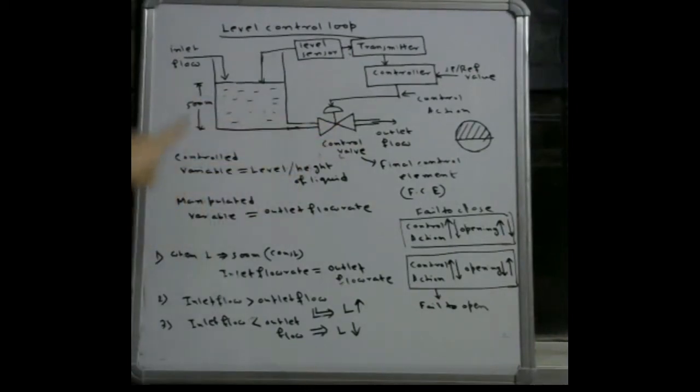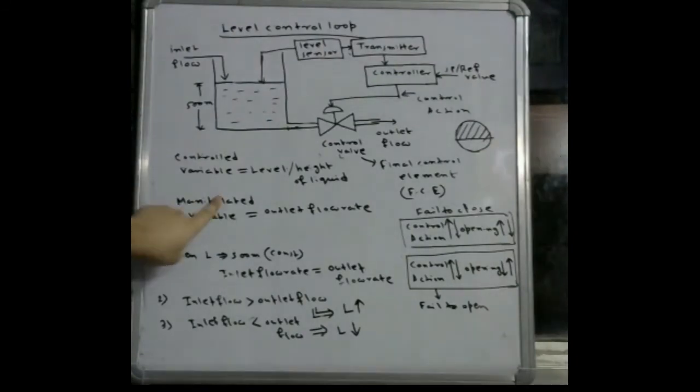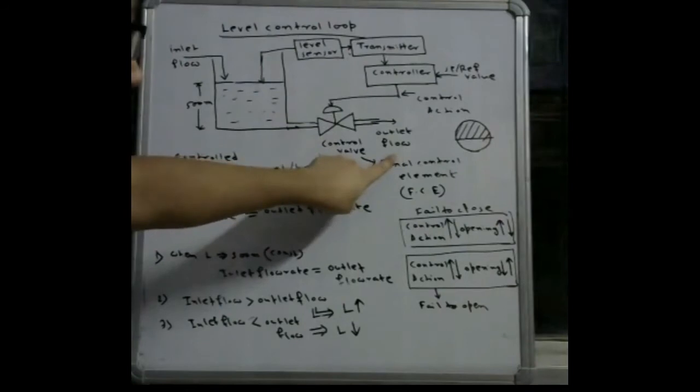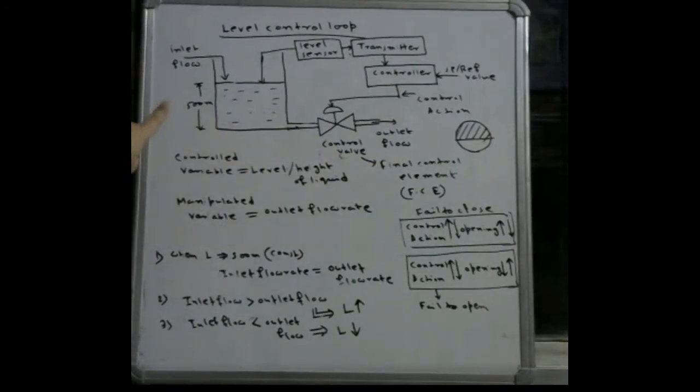This is not directly connected to the control variable. The control variable directly depends on the manipulated variable. Which variable directly drives the control variable? That is the manipulated variable. Opening is controlling the outlet flow rate, and outlet flow rate is controlling the height.